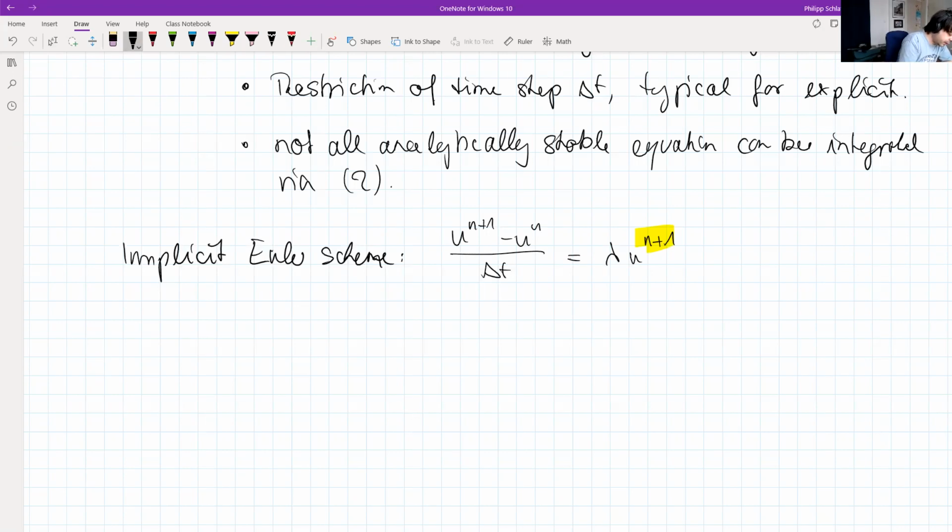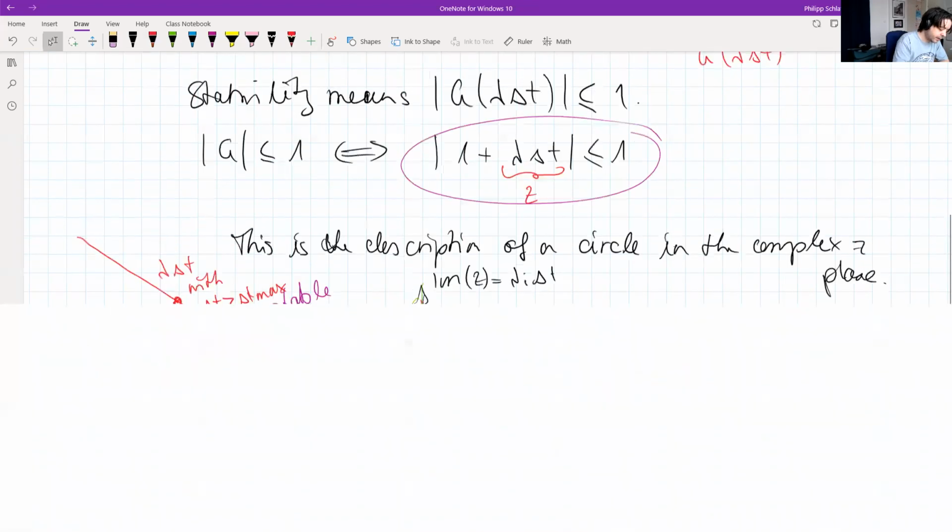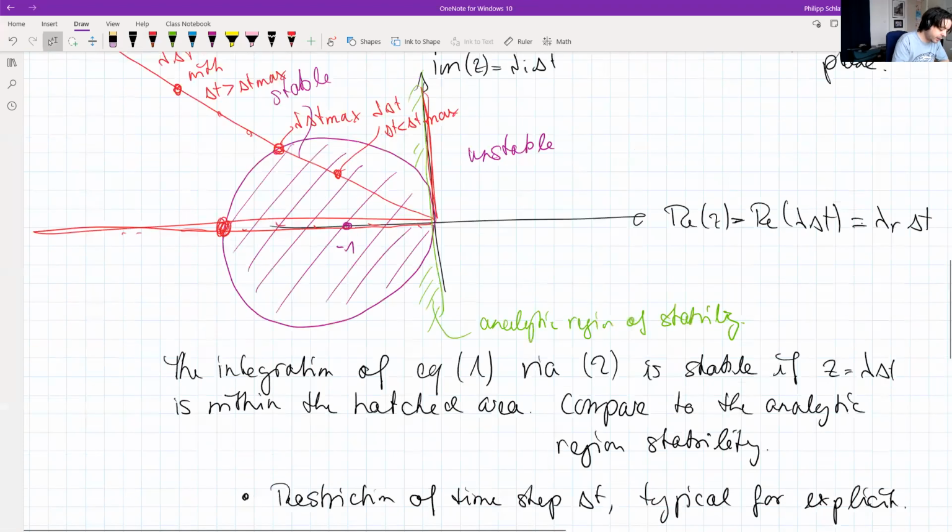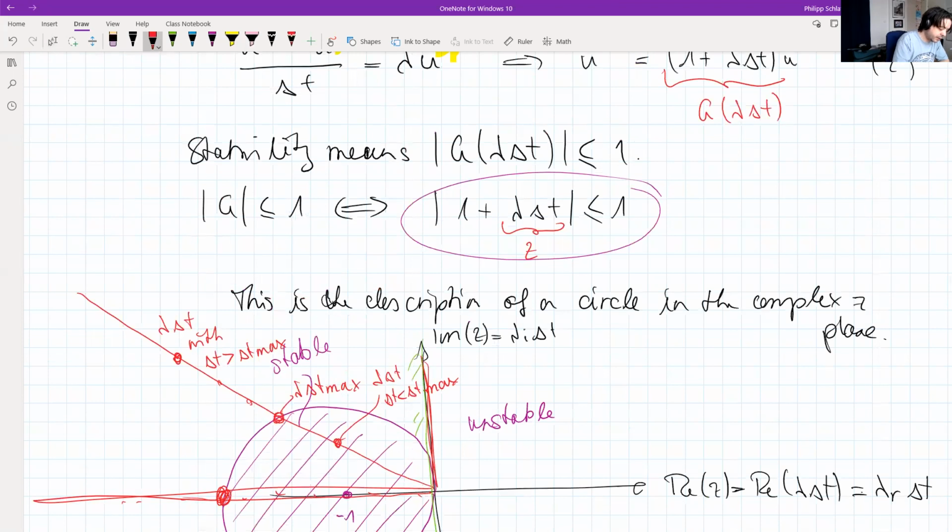Well, we write it in exactly the same way. So we have u_{n+1}, but now it becomes a little bit different. It is 1 divided by 1 minus lambda delta t times u_n. So this here is the amplification factor for the implicit Euler scheme. So it looks very similar as what we have calculated up here in equation number 2.